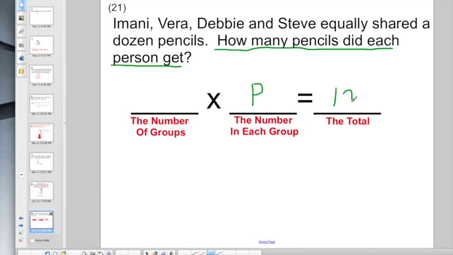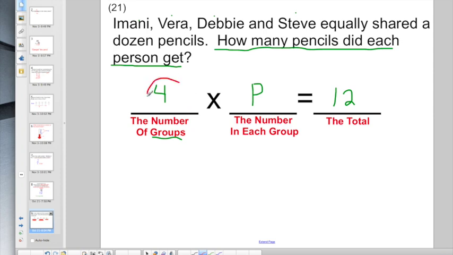Dozen sounds like the total. Now, my number of groups sounds kind of funky, but the number of groups is actually the number of people I have here. I have how many people? 4 people would each get how many pencils if you had a total of 12, right?